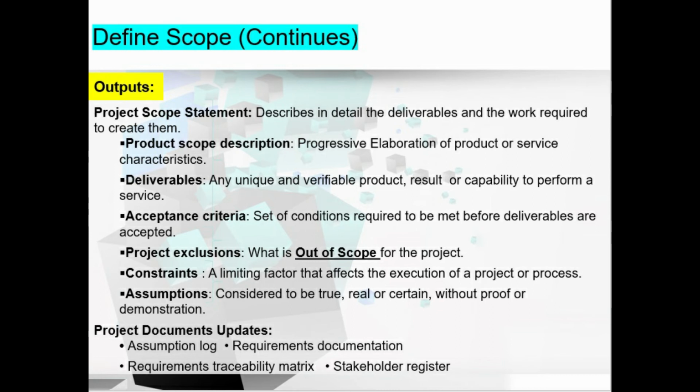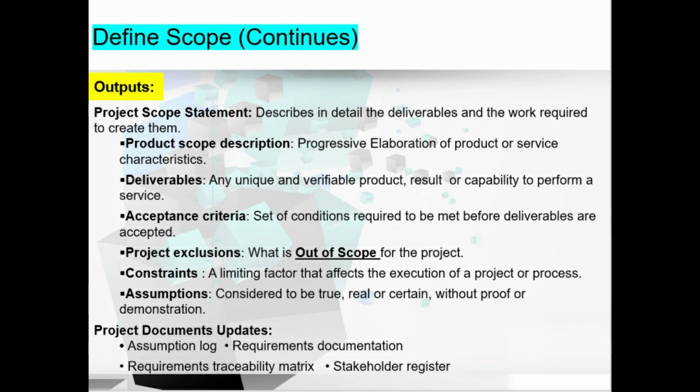It also contains the product scope description, deliverables, acceptance criteria, project exclusions, and constraints. The project scope statement, work breakdown structure, and work breakdown structure dictionary comprise the scope baseline, which is part of the project management plan.